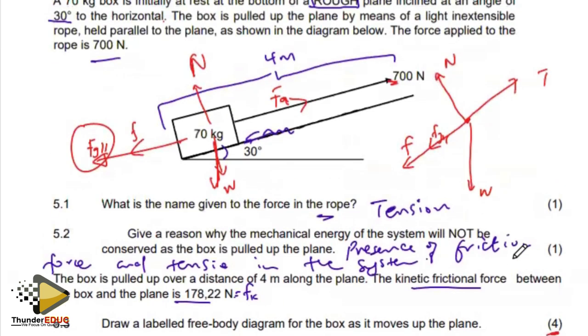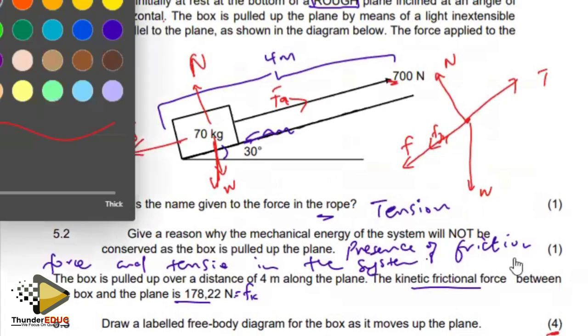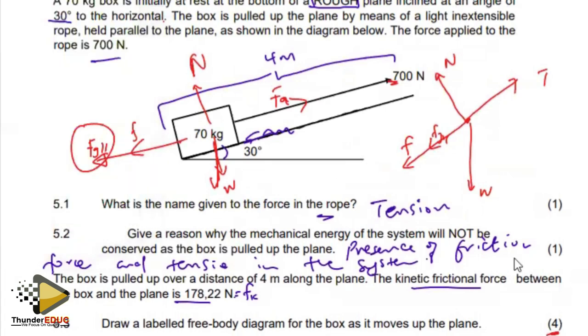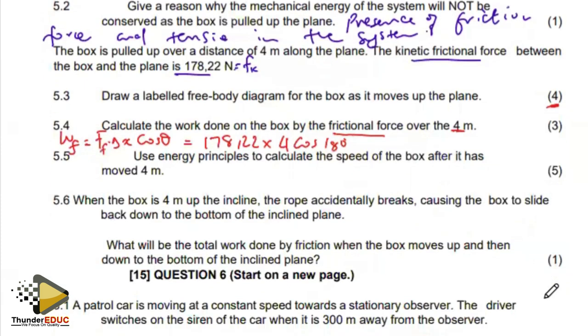Why are we using 180? We know that the object is moving up the incline. So up the incline will be our reference point, which is 0. But the frictional force is acting in the opposite direction, which means it's acting at an angle of 180. That's why I'm using cos 180.